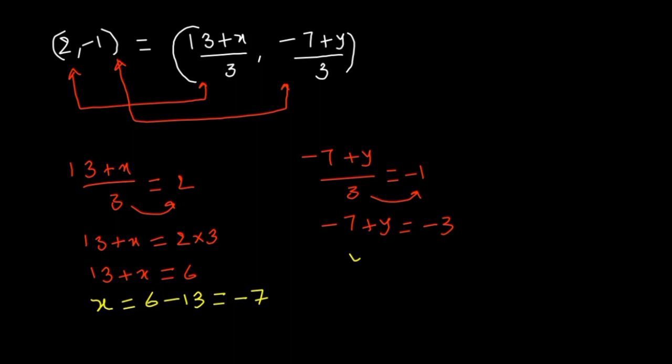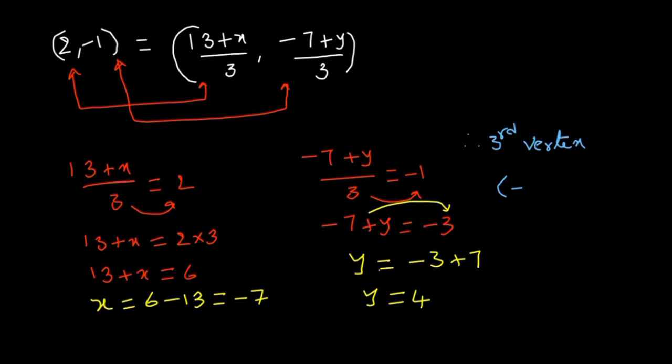So y equals -3, and this -7 becomes plus 7, so y equals 4. So (-7, 4) is the third vertex, right? Because the third vertex we have taken as (x, y), therefore the third vertex is (-7, 4).